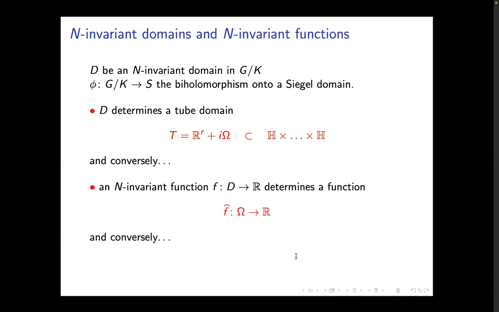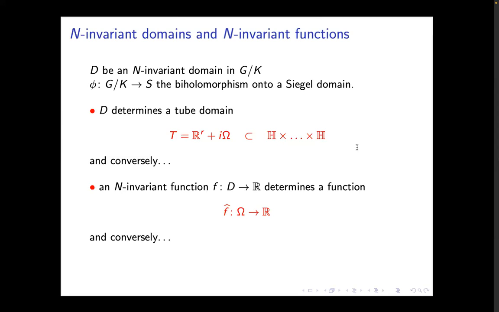So if we take an N-invariant domain in G mod K, this determines a tube domain inside the product of the upper half planes.